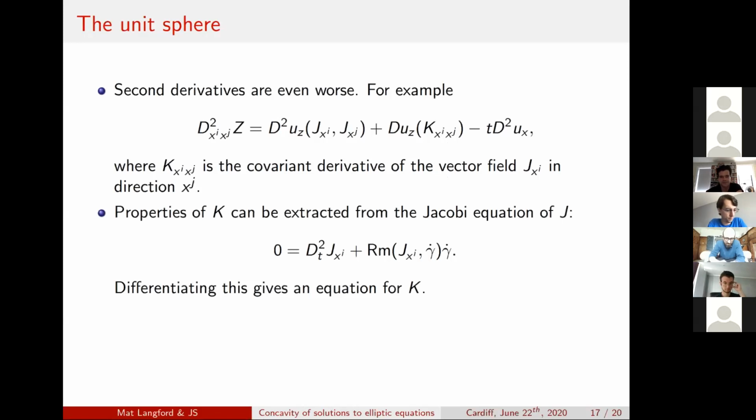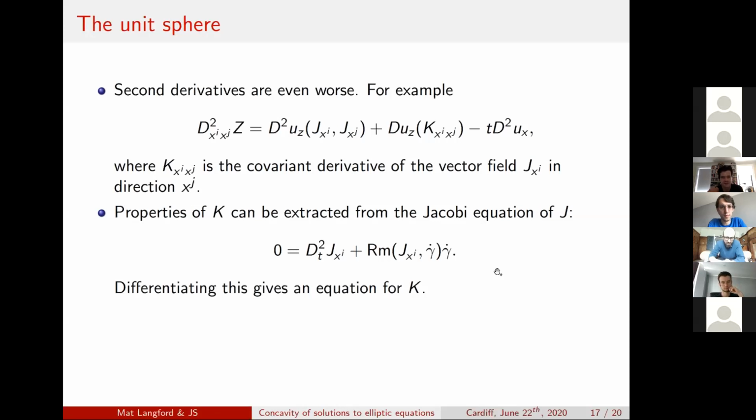The only thing we have at hand is the Jacobi equation in general for J, which we can differentiate with respect to x_i or x_j, and then we get an equation for K. But this equation does not look nice, and this is where the sphere comes in, because on the sphere it's manageable, but in general Riemannian manifolds we have no idea how to deal with it.